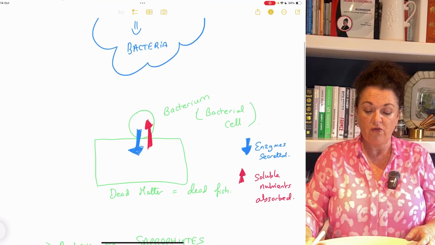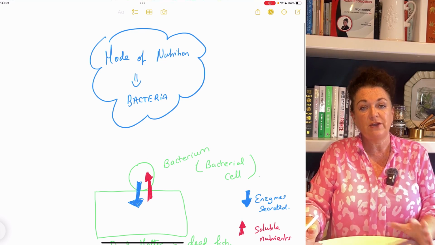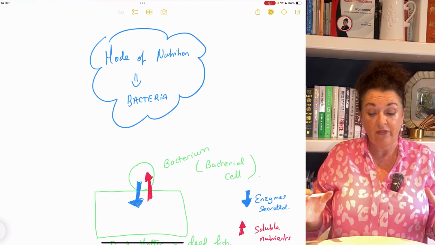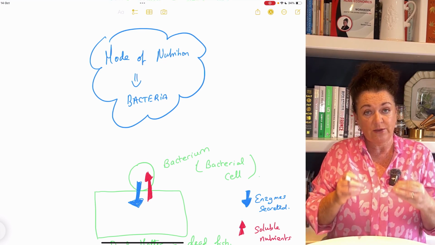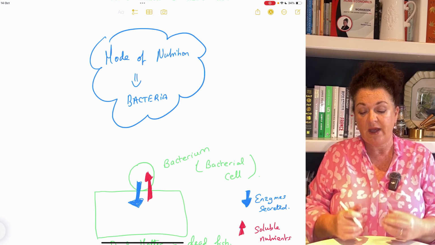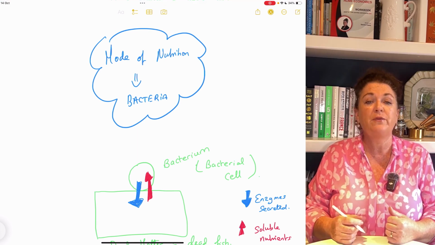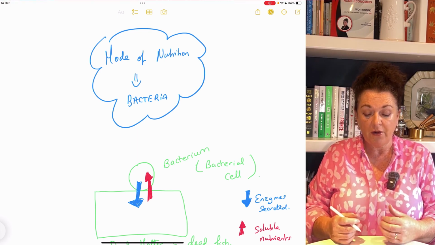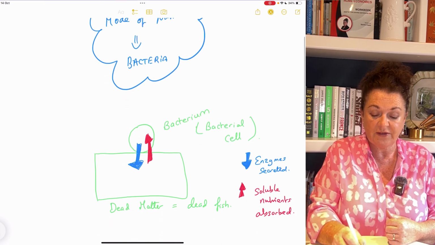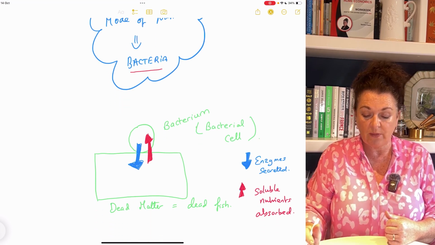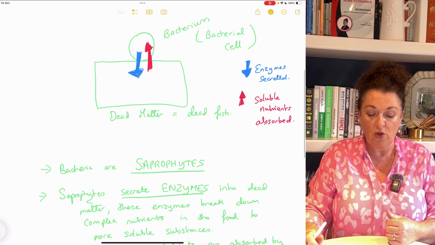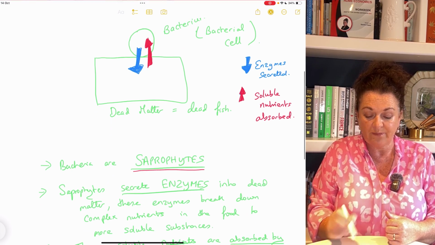So just to do a recap there, bacteria do not contain any chlorophyll. Therefore, in order to get a source of nutrition, they must get that food from an outside source. On our home economics course, we note that the bacteria that we talk about happen to be what are called saprophytes.